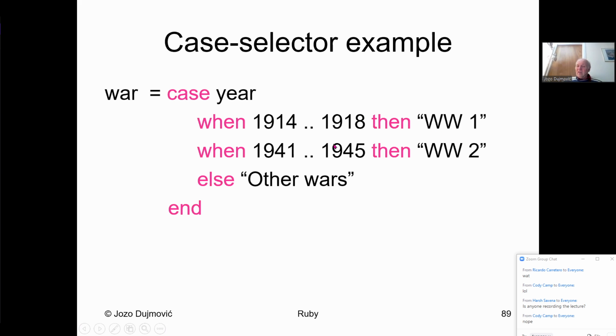In all other cases, return other wars. There are always wars somewhere. Therefore, it is safe to say other wars, except when the wars have a name. In all other wars, they have no name, but there are always wars. So war is case end from here, and you can return one of these three things.